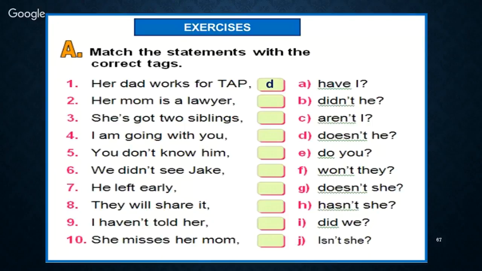Her mom is a lawyer. Would you like to try that? A, B, C, D, E, F, G, H, I, J. Which is the correct answer? J is the correct answer, yes. Third one, number 3. She's got 2 siblings. Which is correct?